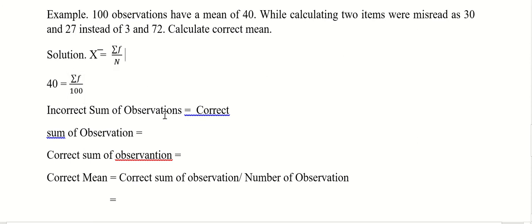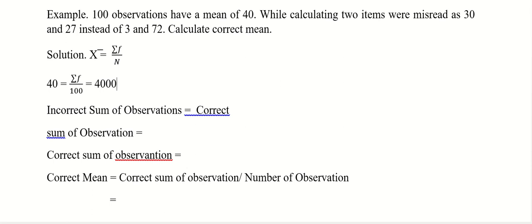For this, first we need to calculate the incorrect sum of observations. So how will we do that? 40 into 100, it becomes 4000. So this is our incorrect sum of observations, right?